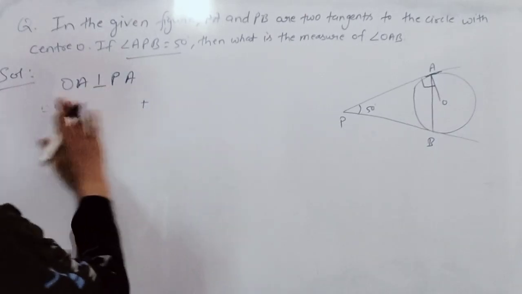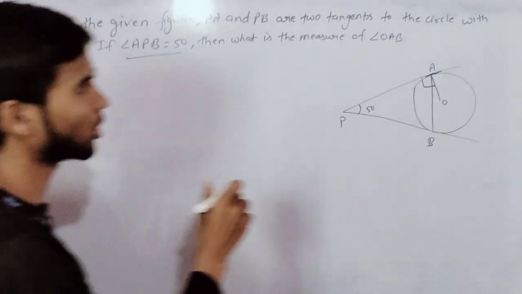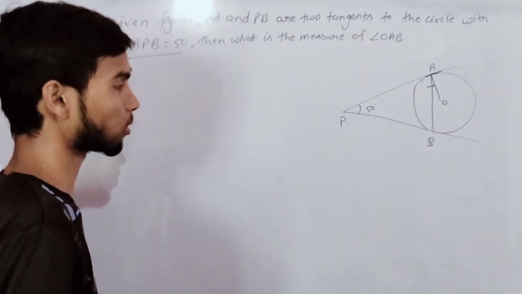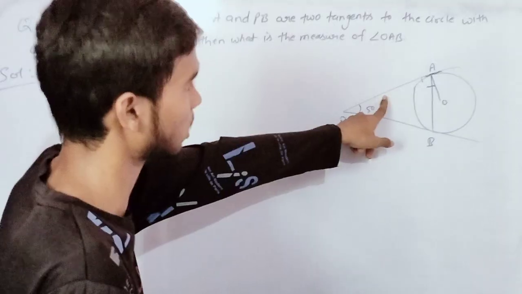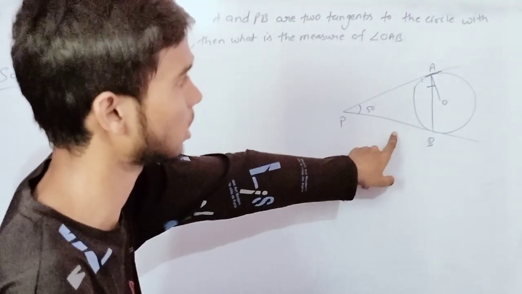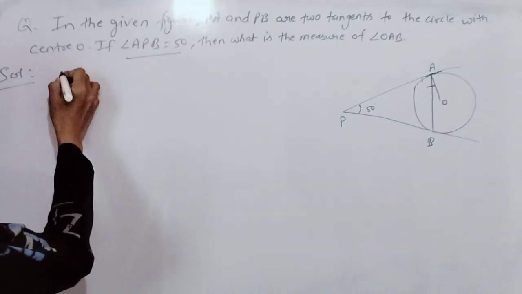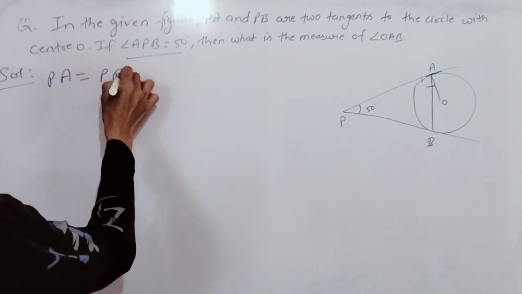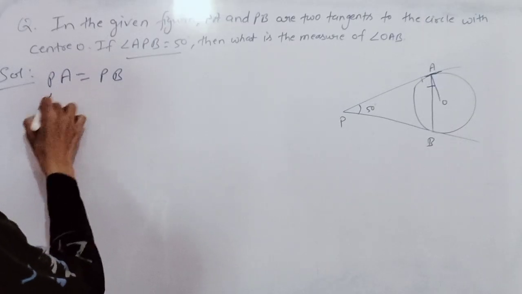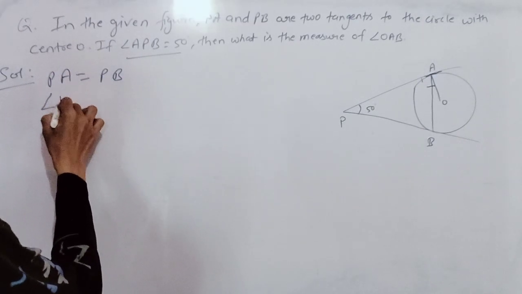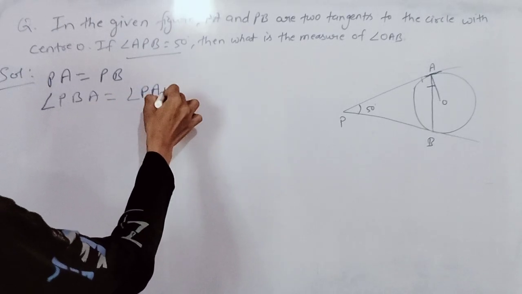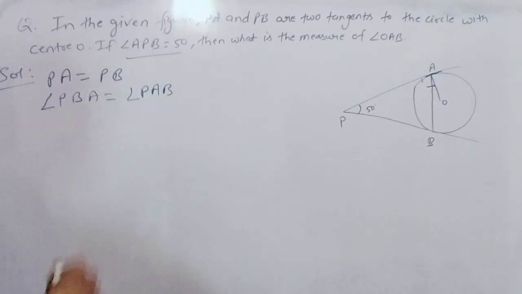Now here, you can say this is from the theorem of the circle. As you know, this tangent is equal to this, so you can say PA is equal to PB. You can say angle PBA is equal to angle PAB from the theorem of the circle.